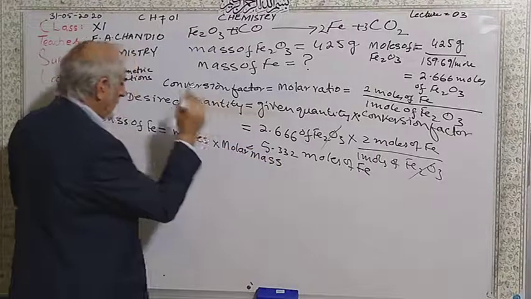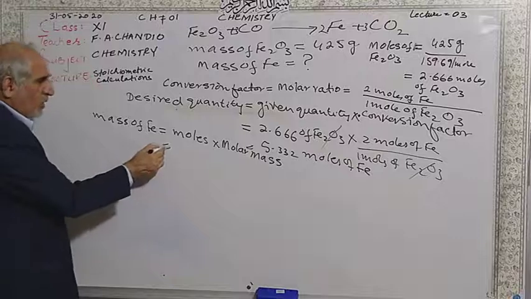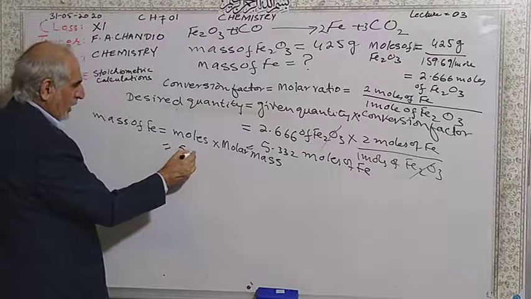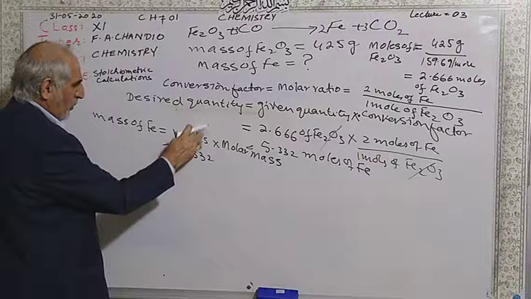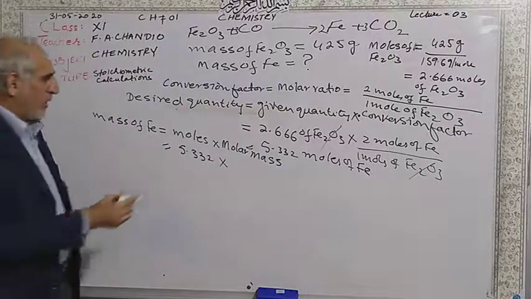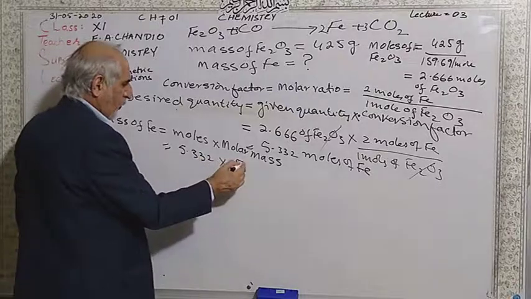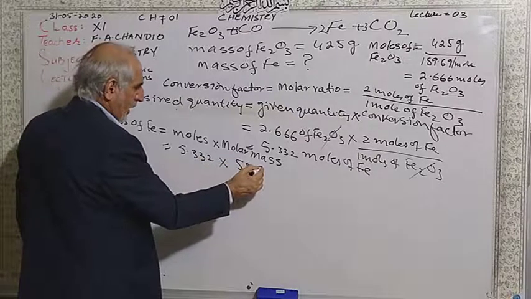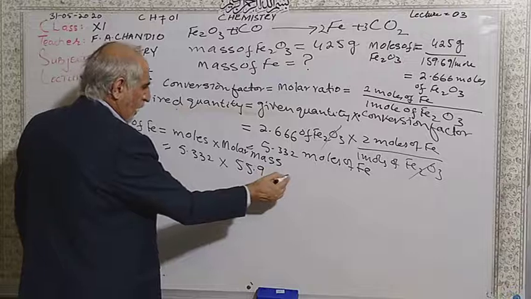This is the formula. So the number of moles is 5.332 moles of iron, and the exact value for iron is 55.9.